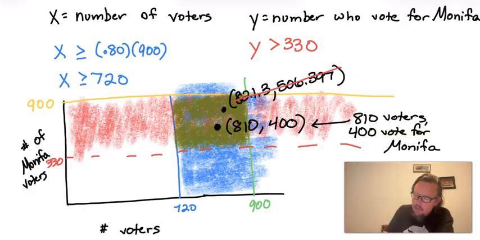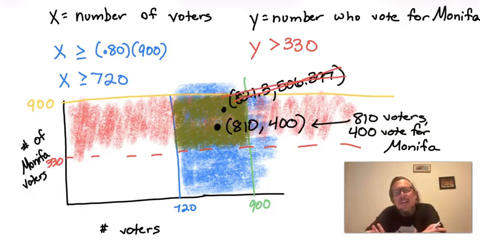So even though that point would be in the solution set, that would not be an actual solution to our system of inequalities because you can't have part of a voter. But within that shaded section, any whole number point is a possible value that would work for our system of inequalities.